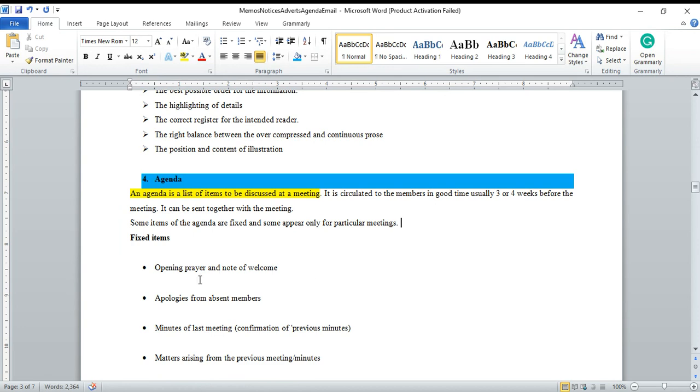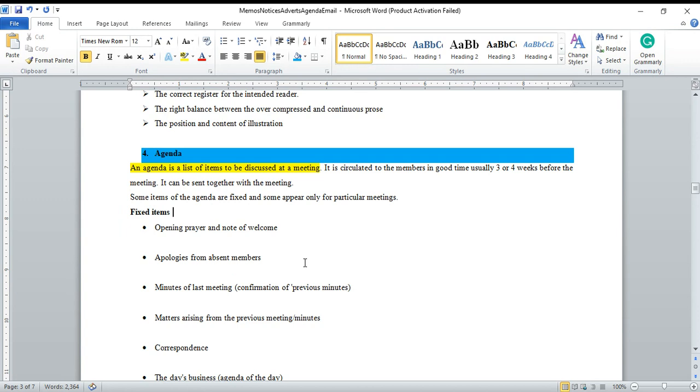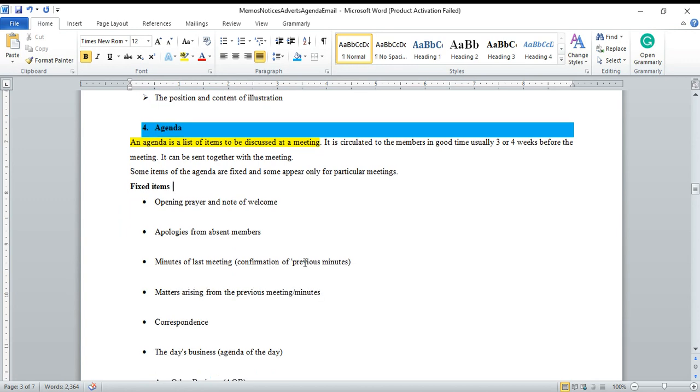Then we have what we call fixed agenda, so fixed items. Now, fixed items can be something like opening prayer and note of welcome. Fixed items in this case rarely change in any agenda. So we have opening prayer and note of welcome, apologies from absent members. Now, apologies from absent members are from members who have sought permission to be absent.